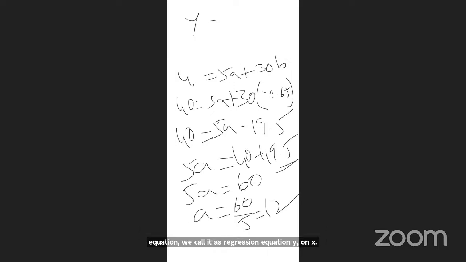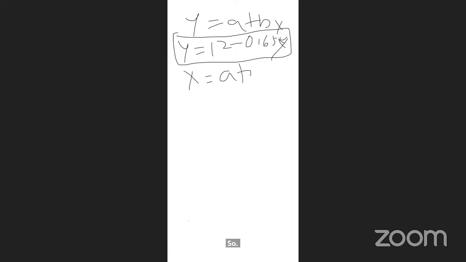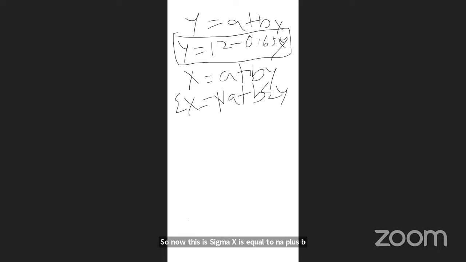Let us work out the next equation, that is x on y. So now x on y is equal to a plus by. So sigma x is equal to na plus b into sigma y. Sigma x is equal to 30, so 30 equals 5a plus 40b.